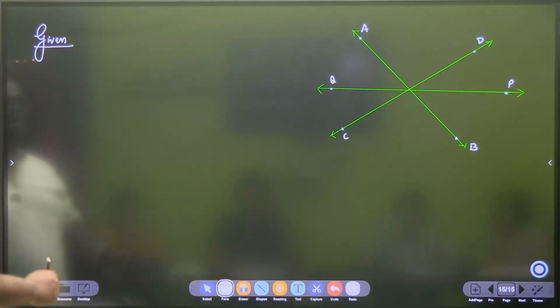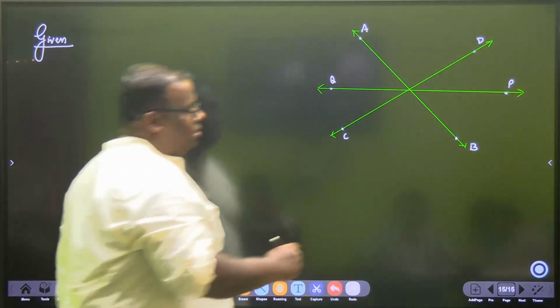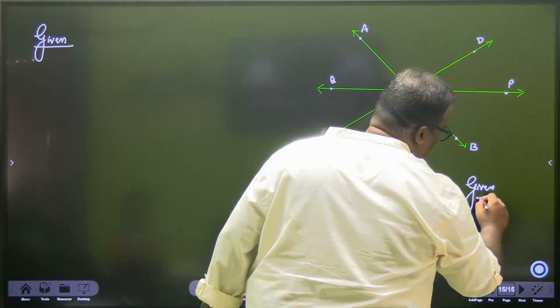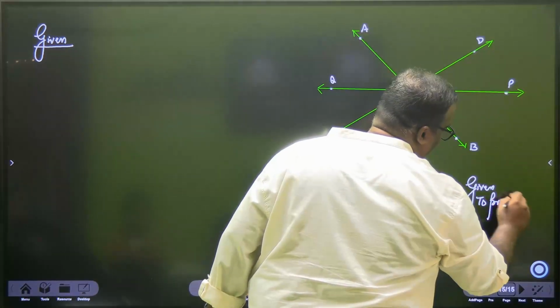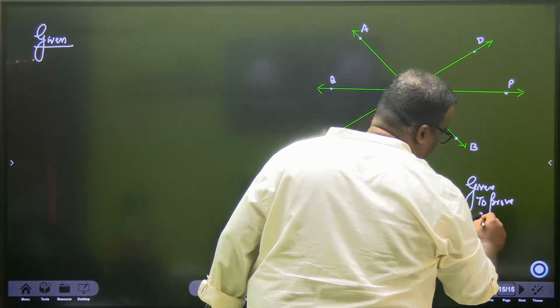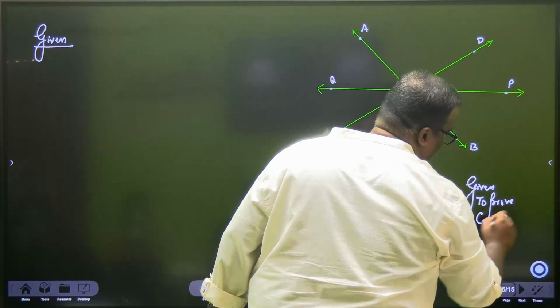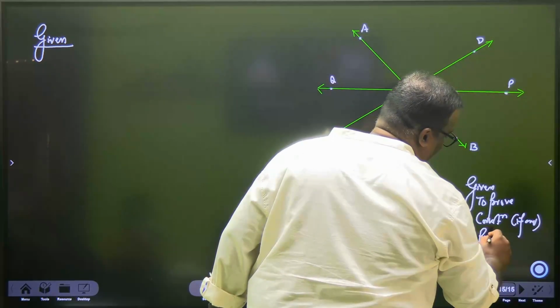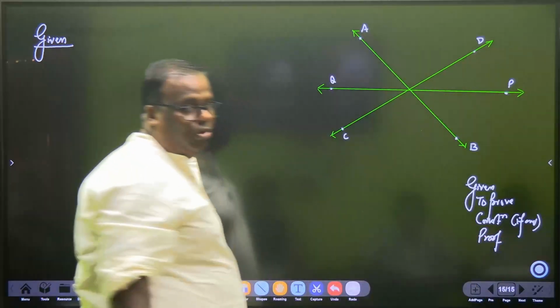So this is the order. The order should always be like this: given, then to prove, what you are proving, and then construction. Construction we write like this, if any, meaning it's not necessary, and then comes proof. This is the order that we follow.